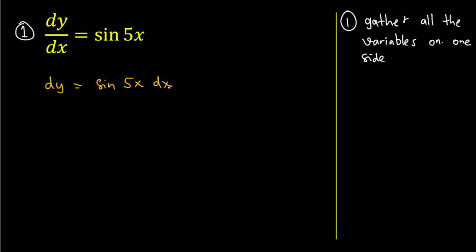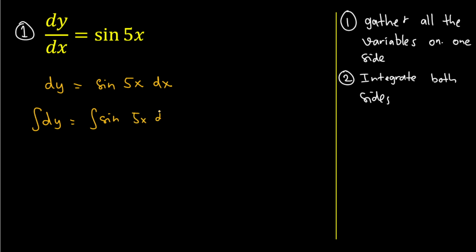Okay, and if we already separate this variable, so all the y is on the left hand side and all the x is on the right hand side, we can just integrate both sides. So we can just use integral dy on the left hand side and then integral sine of 5x dx. And I think that will be good.